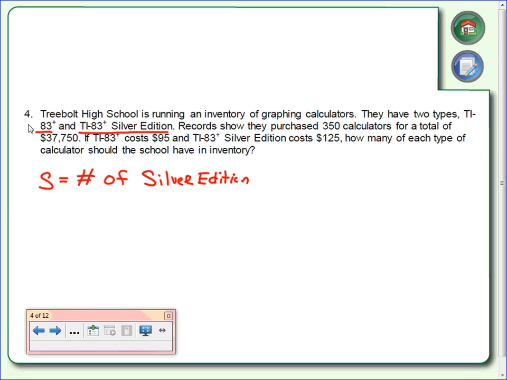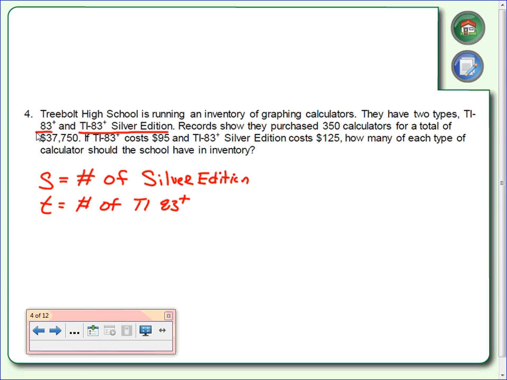And what are we going to use for the other one? T. We'll use T to represent the number of TI-83 Plus. So that's what these are going to represent. We've got the first step done.